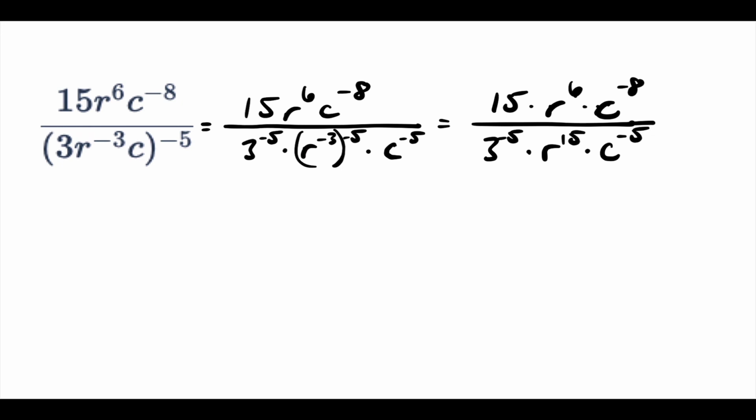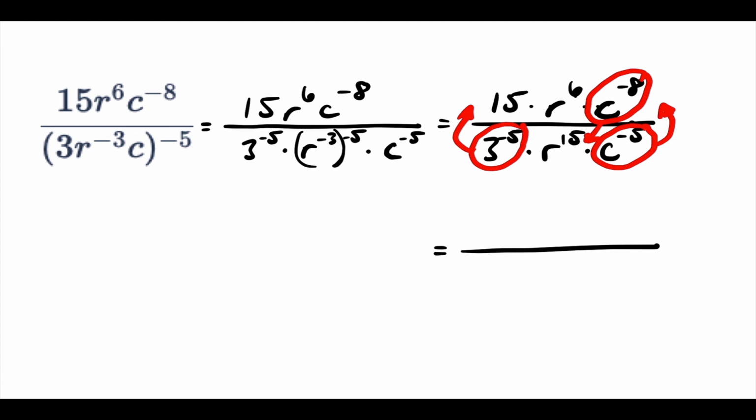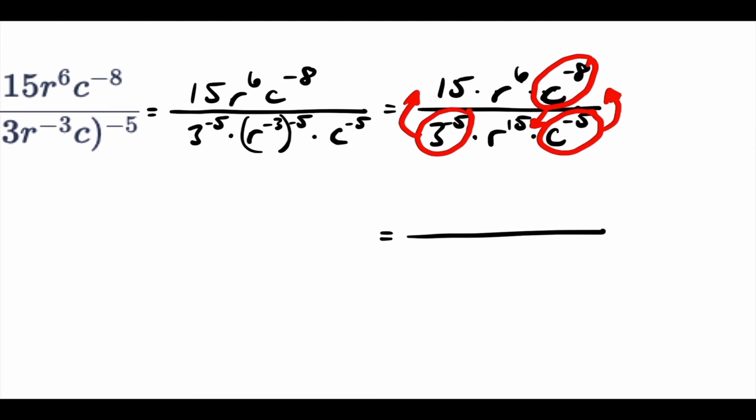Okay, step 2, negative exponents. I do have a bunch of negative exponents. This guy's a negative exponent, needs to move up. This guy's a negative exponent, needs to move up. This guy's a negative exponent, needs to move down. Okay, so the new top is 15, r to the 6, 3 to the 5, because the 5 became positive, and c to the 5, because the 5 became positive.